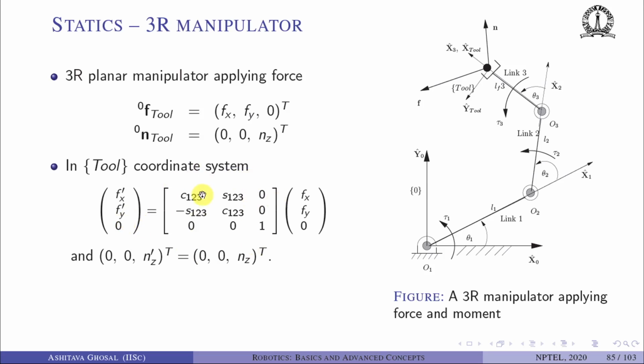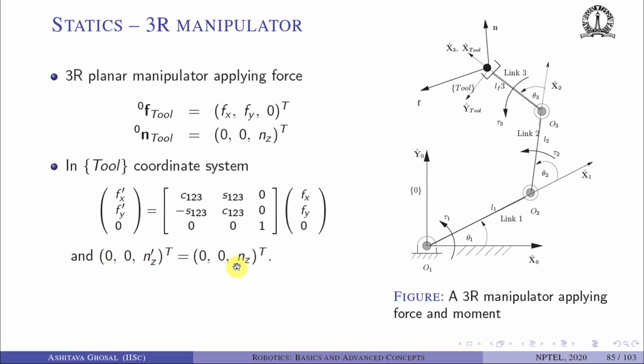That rotation matrix, if you think a little bit, is this. It is nothing but cosine of theta 1 plus theta 2 plus theta 3, sin theta 1,2,3, minus sin theta 1,2,3, and cos theta 1,2,3. And the z-axis remains the same. The moment in its own coordinate system is a single vector along the z-axis, and it will be the same.